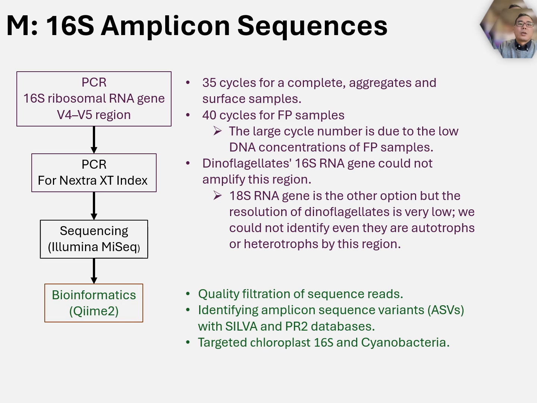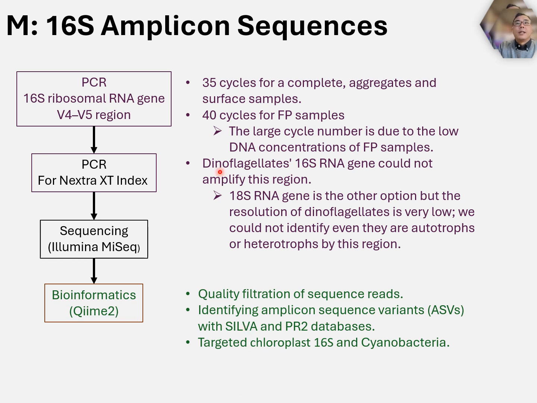Amplicon sequencing was conducted for the 16S ribosomal RNA gene V5 region. This region is well known for metabarcoding analysis of prokaryote communities, but the chloroplast genome in eukaryotic phytoplankton can be amplified as well.